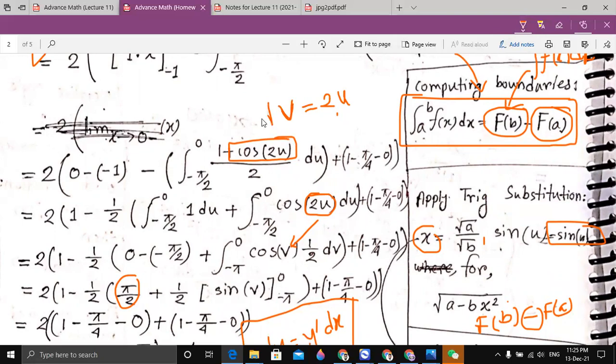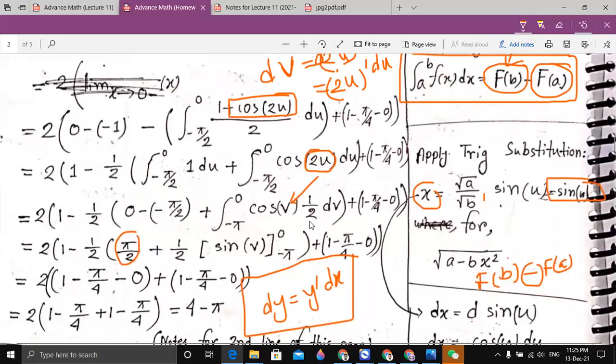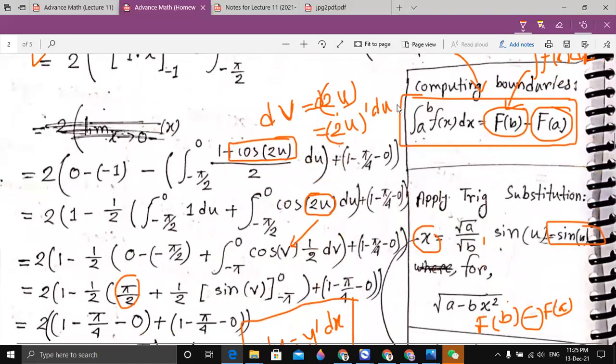Then we have to differentiate on both sides. So we know that d(2u) will make the derivative of 2u times du, right? So the derivative of 2u will become 2, right?